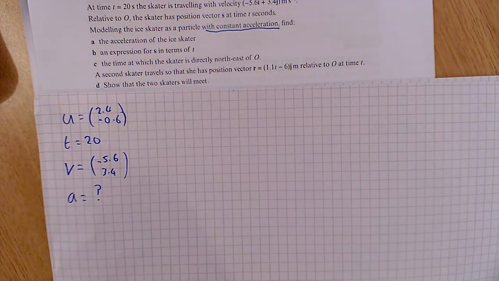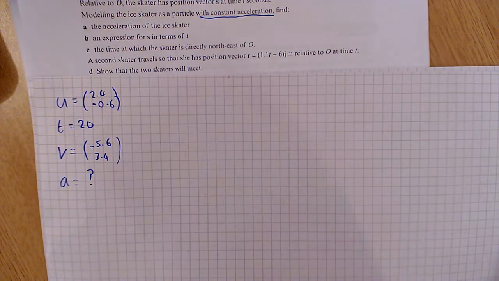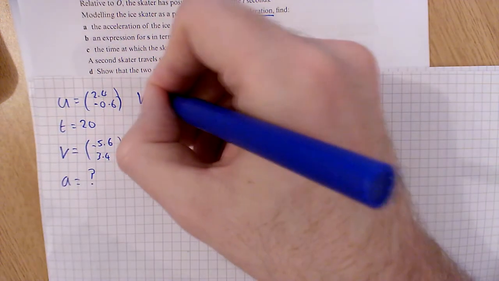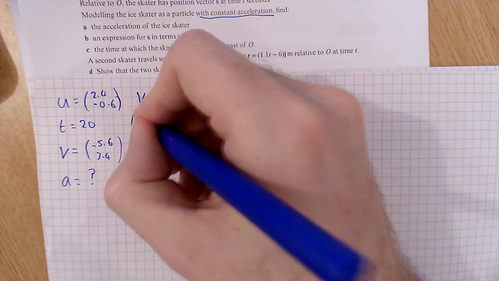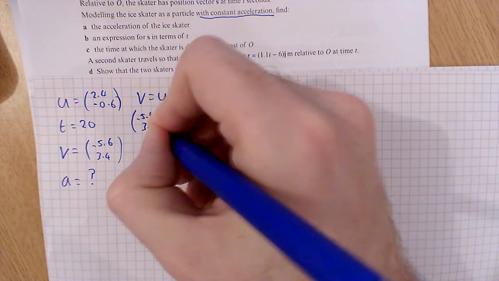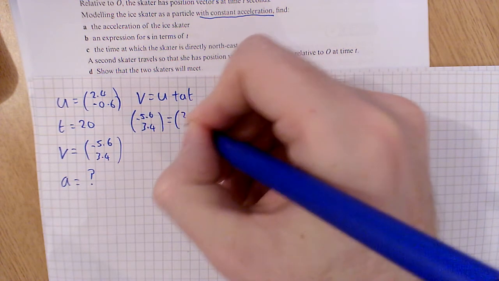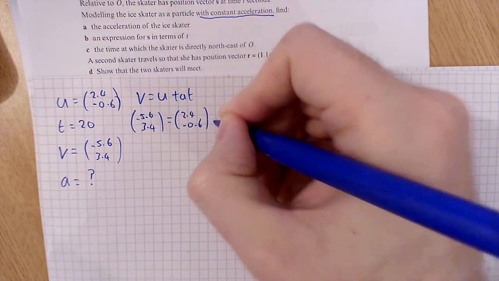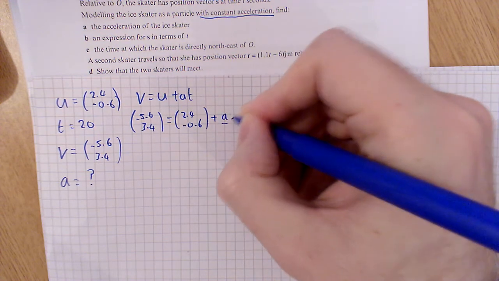So again, you can see we've got u, t, v and a, so we're going to use our equation that v equals u plus at. So we've got (-5.6, 3.4) equals (2.4, -0.6) plus a, which remember is a vector, times 20.